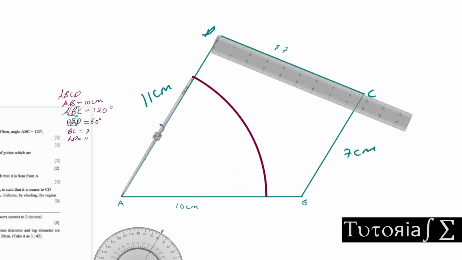Okay. In the shape. So it's from A. Then we'll just label that 8 centimeters from A.